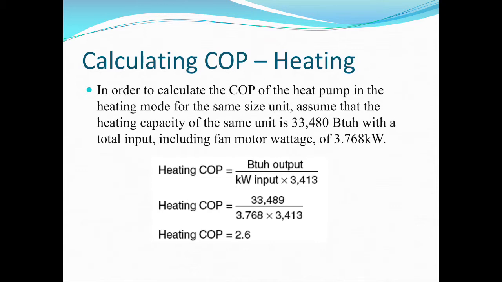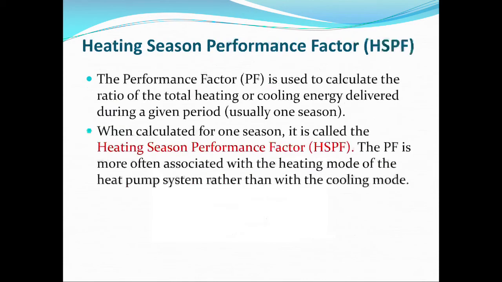So the total energy to produce that, if we take 3.768 times 3413 and divide that quantity into the 33,489, so it's BTUs output divided by BTUs in, is going to be roughly about 2.6. So that's telling me that I'm about 260% efficient. So that's a decent system.